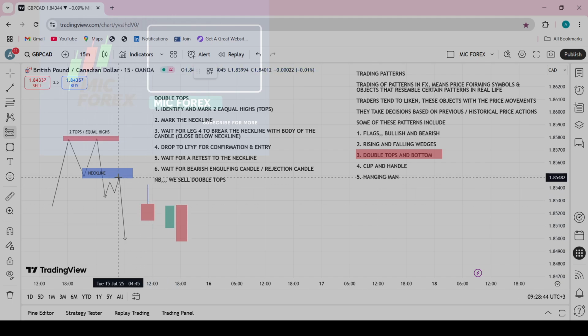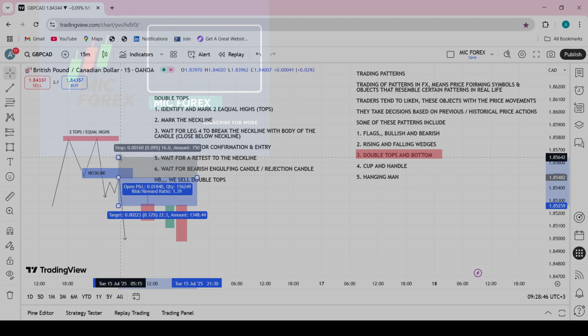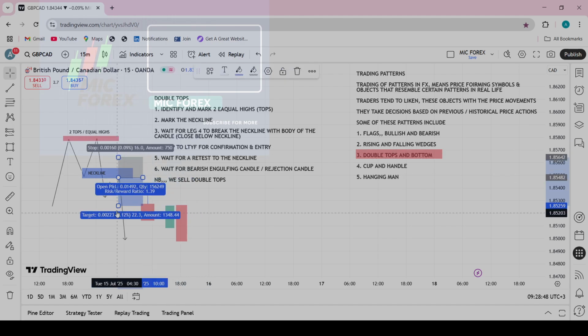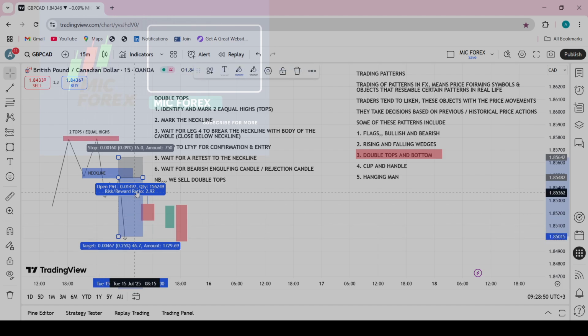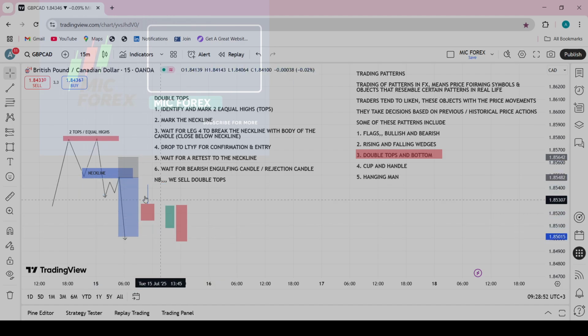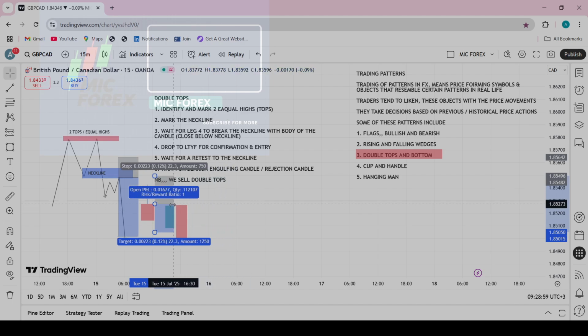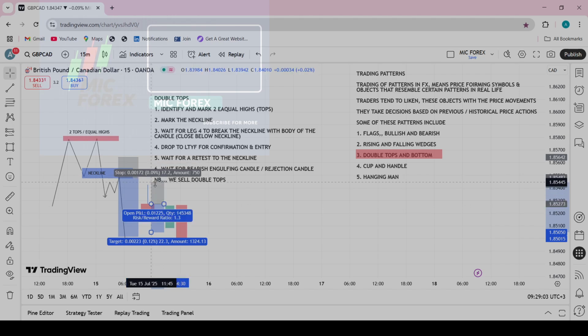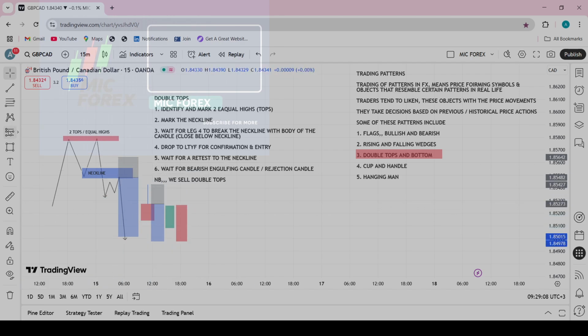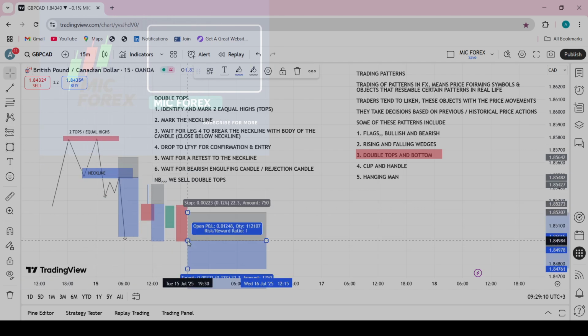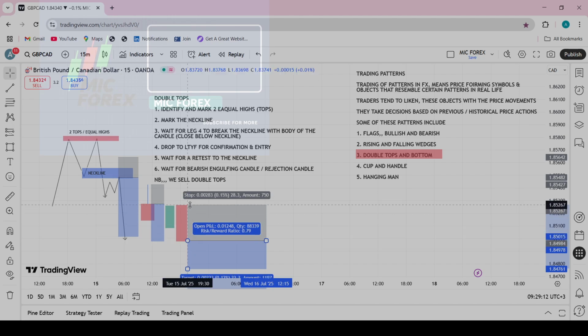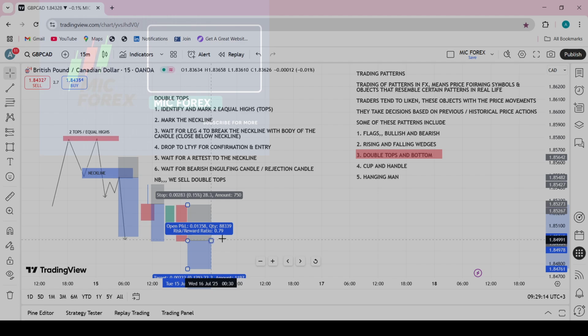candle, because you want to take your sell there, put your stop loss there, then your TP at that point. So you can take the trade either at the opening of the next candle here, then you put your stop loss there, or you take your trade at the close of this bearish engulfing candle.